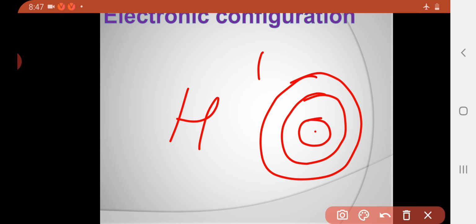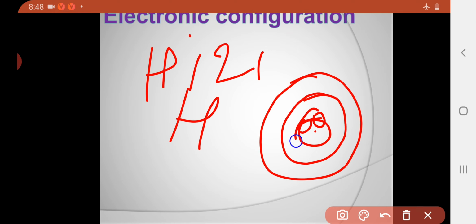Hydrogen, no doubt, has only the first shell because it is the first element. If you take helium, its atomic number is 2, so how many electrons are present? 2. It will be there only.